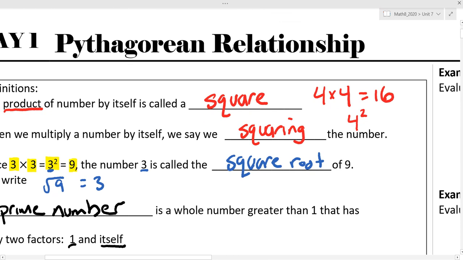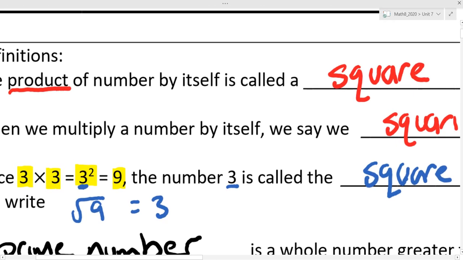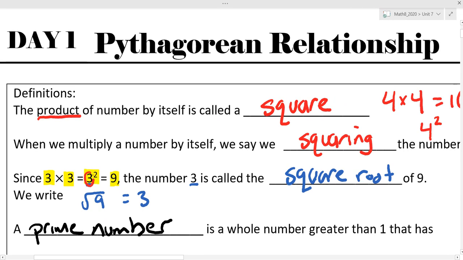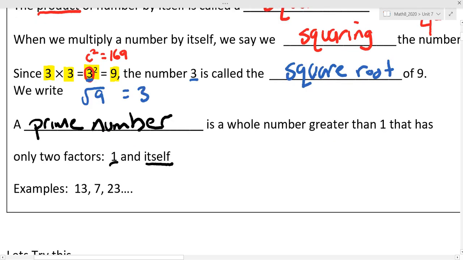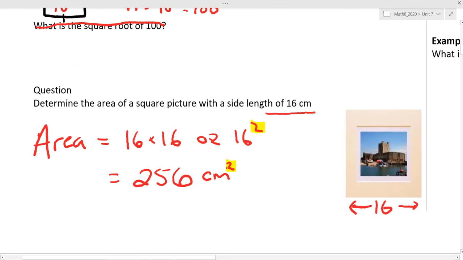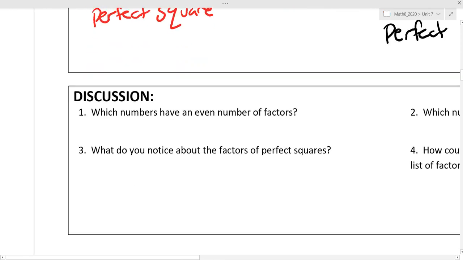What we want is this number here. This is c squared is equal to 169, right? The way we did it last day is we took the square root, so it'd be 13. So we have to take the square root of this to find out the value of c.